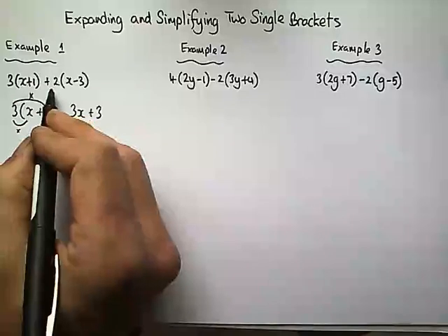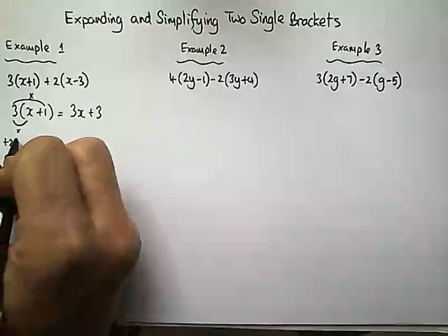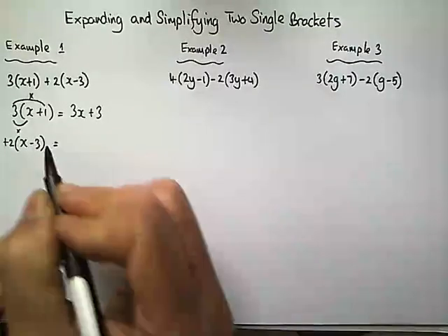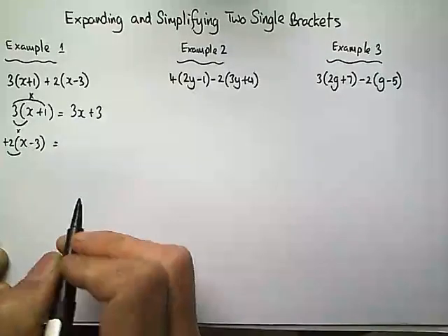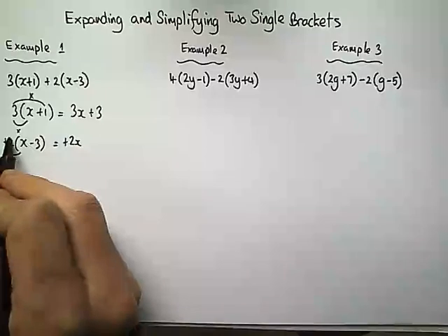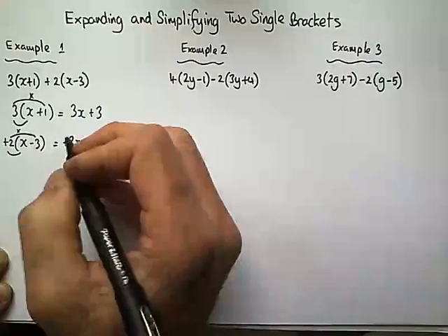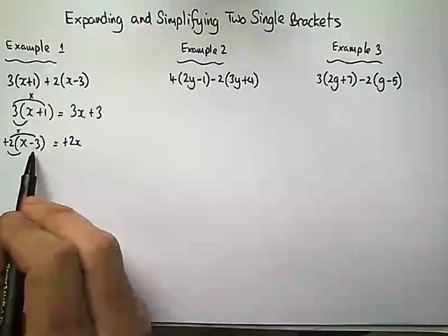2 lots of, that's a plus 2, so that's plus 2 lots of x minus 3. So plus 2 times x is plus 2x, and plus 2 times minus 3, well, that's a positive times a negative.